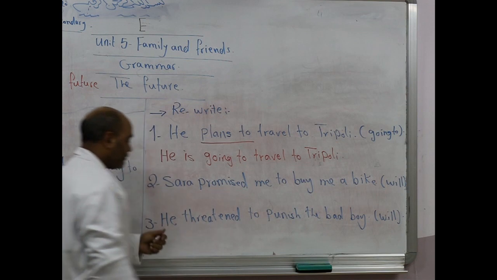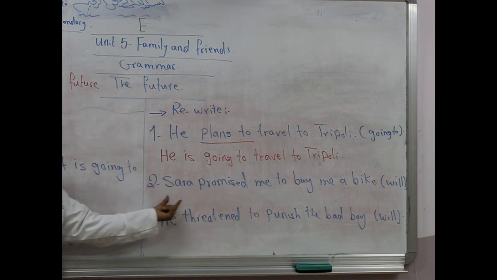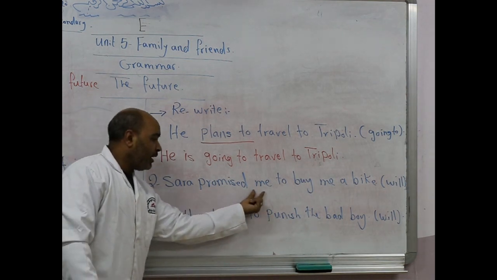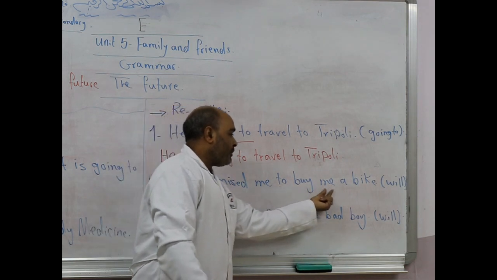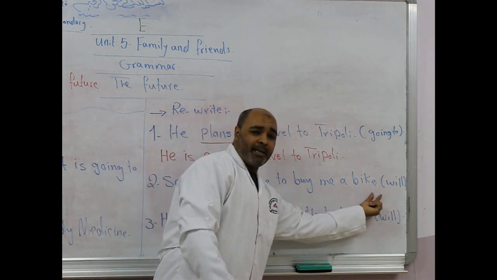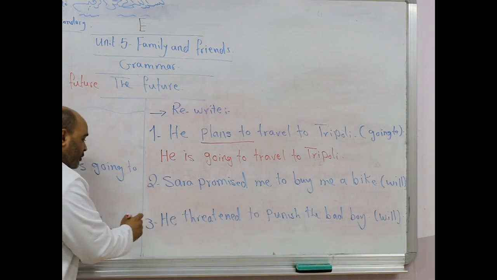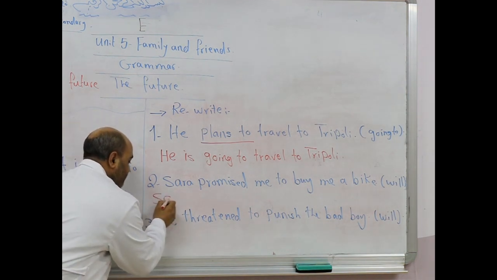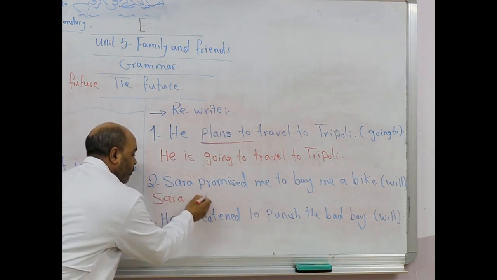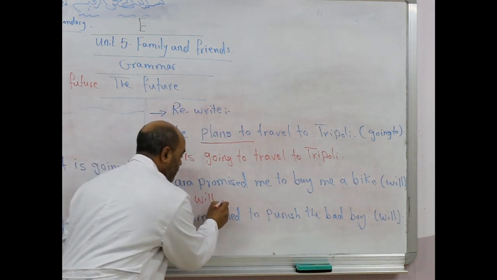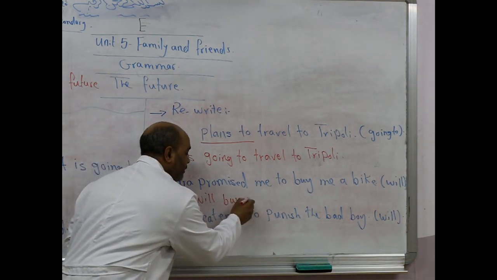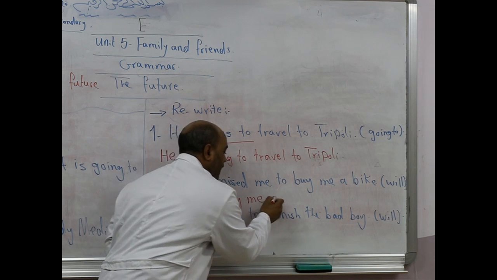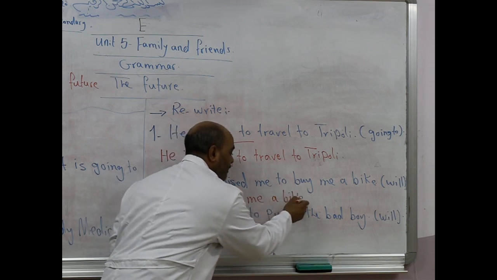The second one, Sarah promised me to buy me a bike. Use will. So the answer will be: Sarah will buy me a bike.